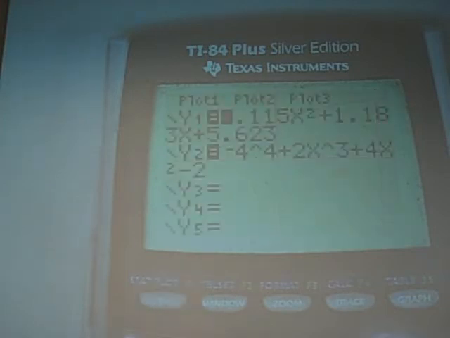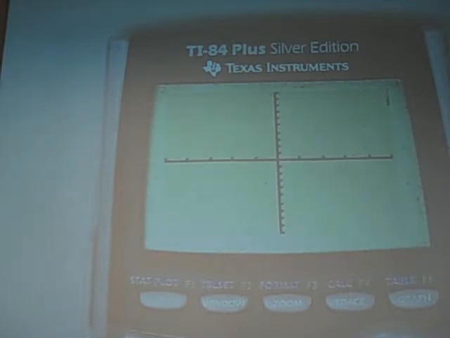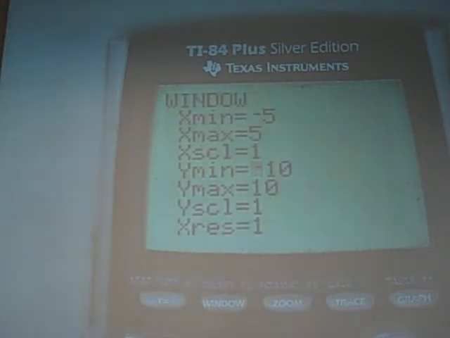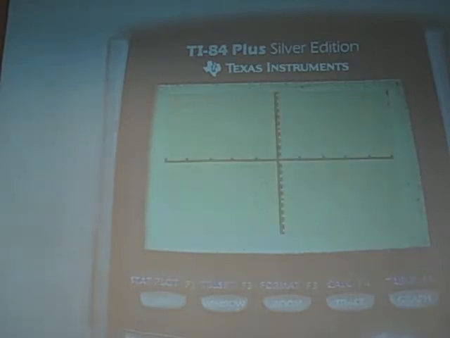Let's see, we may need to zoom out here for our y's. So the y, let's go to like negative 20 to positive 20.